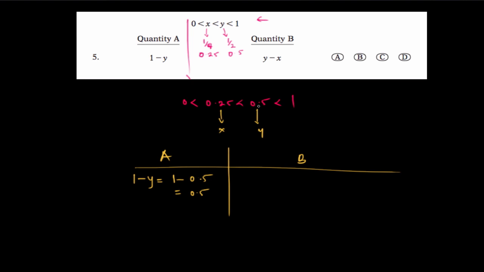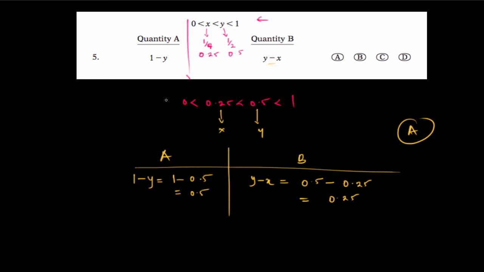And B is y minus x, which is 0.5 minus 0.25, which equals 0.25. From here you would observe that A is greater than B, so my answer is going to be A.